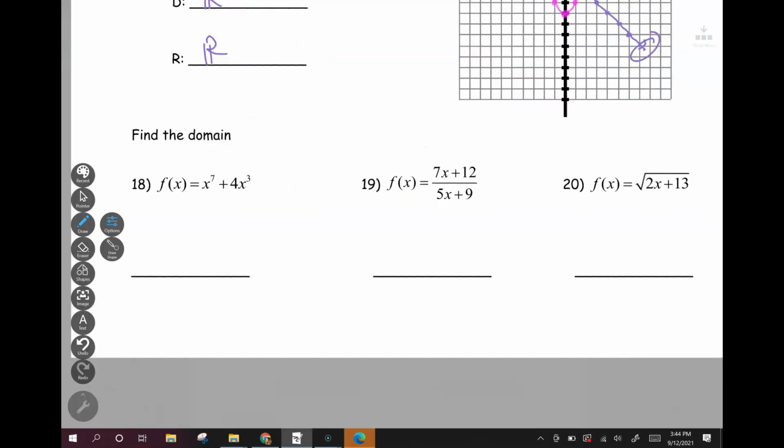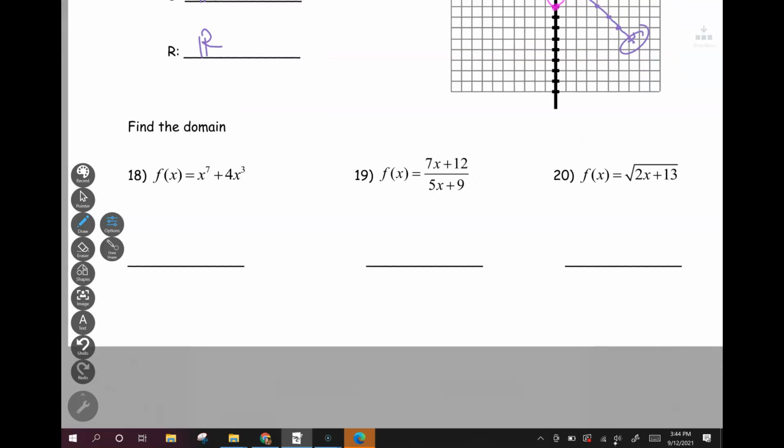All right, last part, finding the domain. Remember, your only restrictions on domain come from 2 things. The 2 things are the denominator, you can't divide by 0. So if you see a denominator or a fraction, the bottom cannot equal 0.